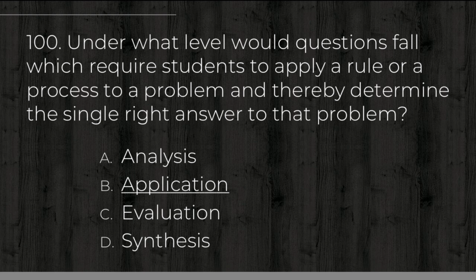So applying a rule or process to solve problems falls under the application level in Bloom's taxonomy. Yung analysis involves breaking down information and not yet applying a rule. Yung letter C naman requires making judgments, not applying rules. At yung synthesis, letter D focuses on creating new ideas, not applying the existing rules. 100 ay letter B.